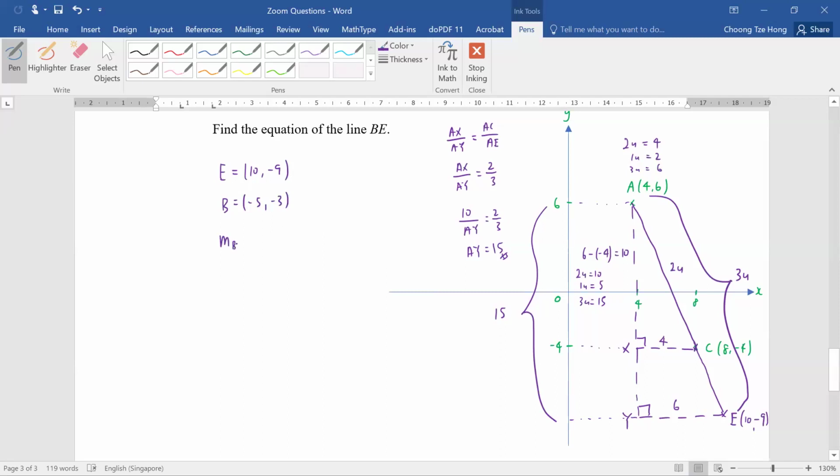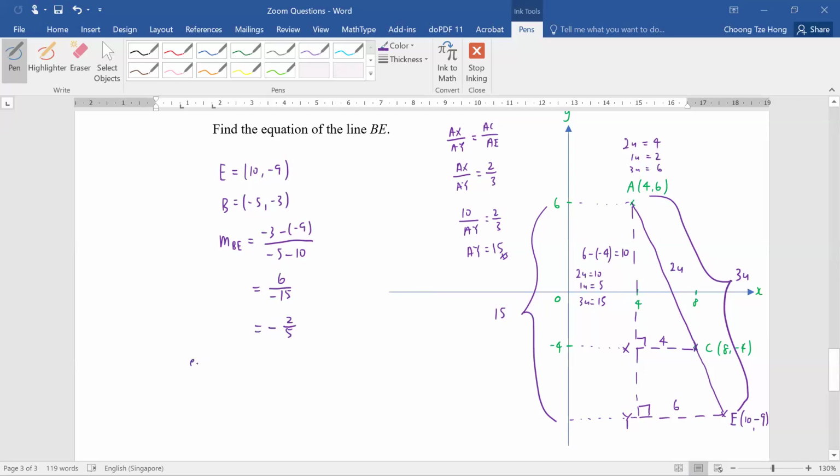So for the gradient of BE, let's compute this: y2 minus y1, using B as the y2, over -5 minus 10. On top you'll get 6, at the bottom you'll get -15. If you convert to lowest terms, it will be -2 over 5. So the gradient of BE is -2 over 5.